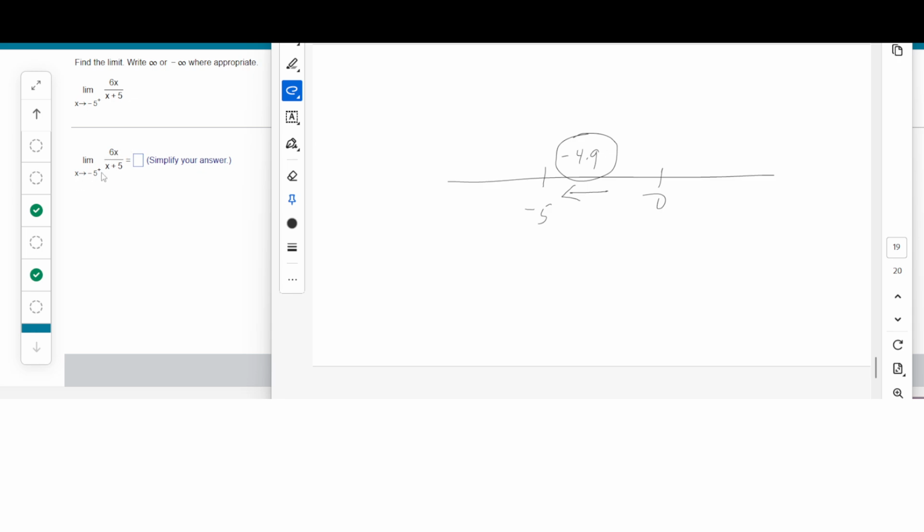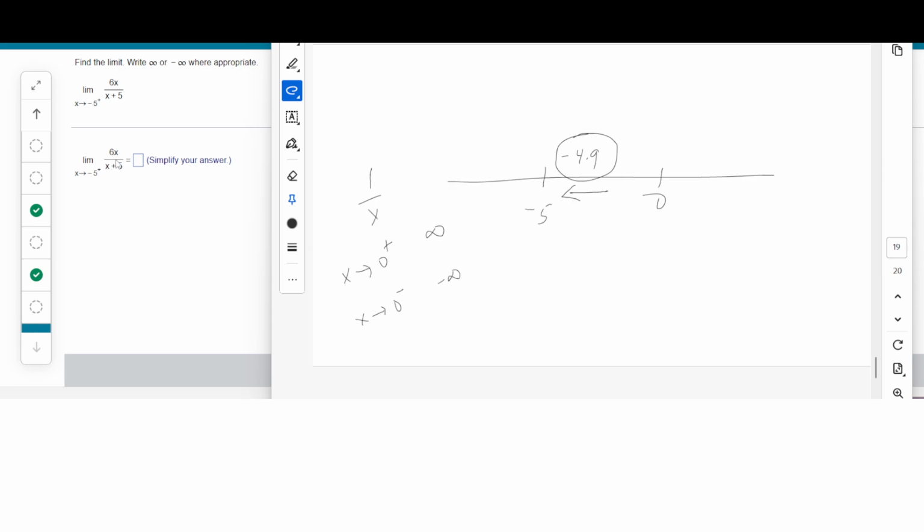So when x approaches negative 5, because this value is going towards 0, it's like 1 over x. When x approaches 0, what happens to this? It goes to infinity if you approach from the right side, but if you approach from the left side, it goes to negative infinity.